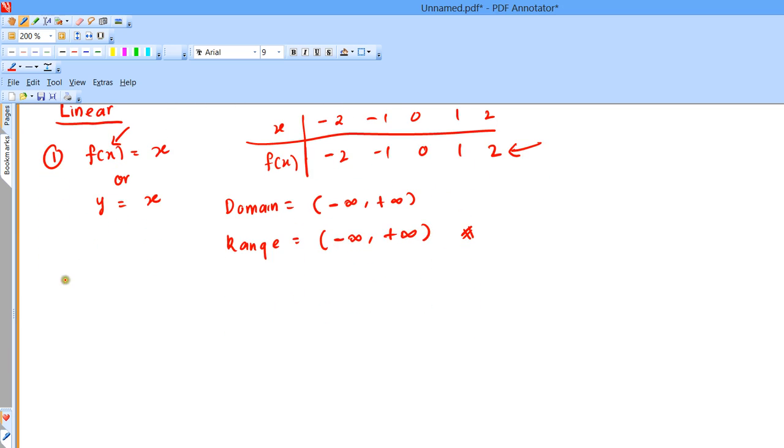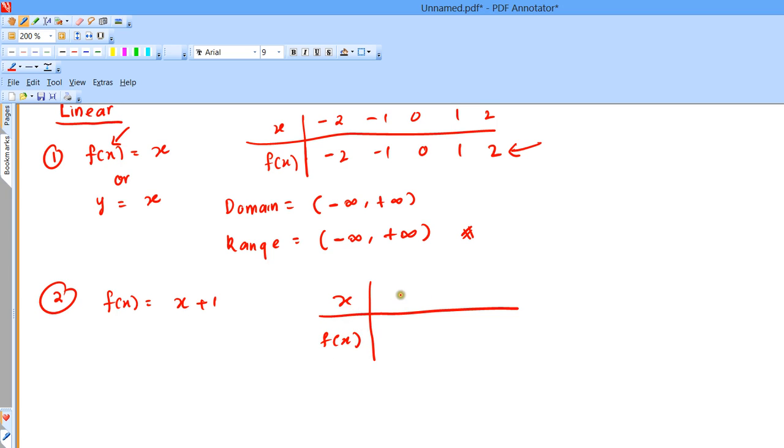Okay, next, example number 2. If we have f(x) equals x plus 1, so x and f(x).